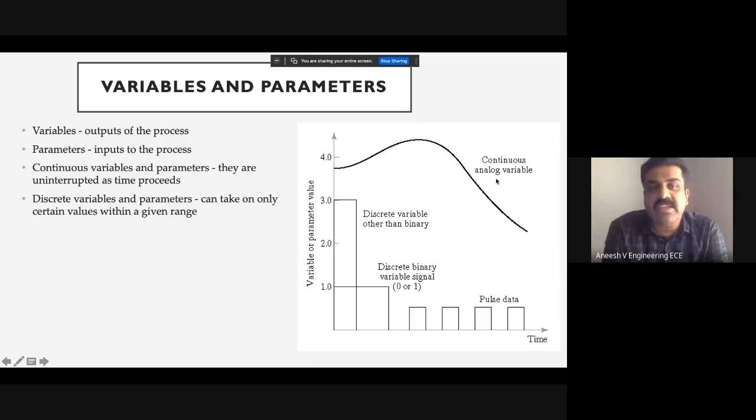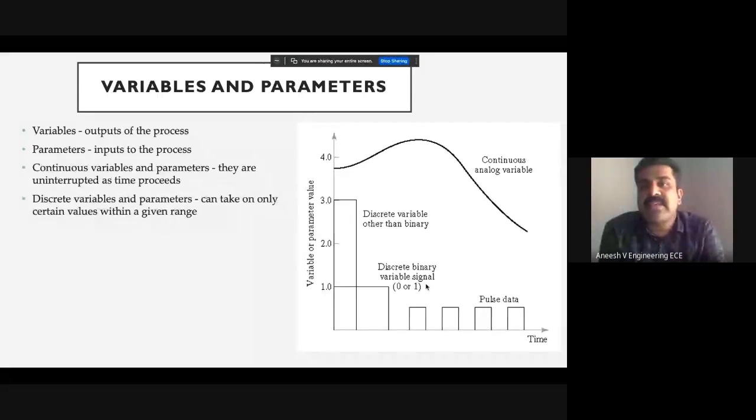That particular thing is known as a continuous analog variable. That means from 0 to t the signal is continuously varying. At the same time, you can see a discrete variable other than binary, a discrete binary variable signal or pulse signal. These are the different parameters we normally deal with in our control signals.